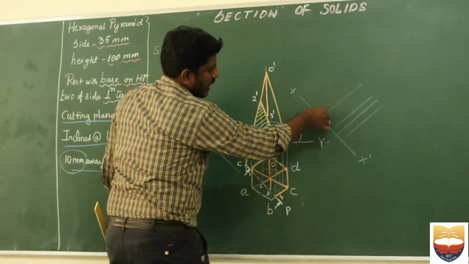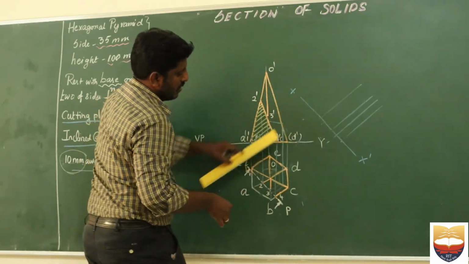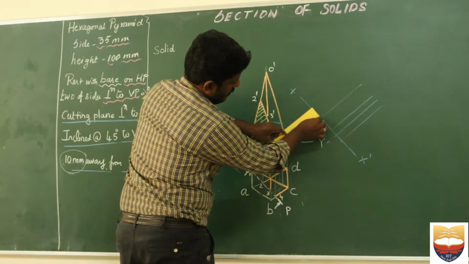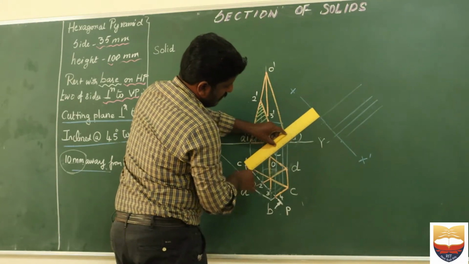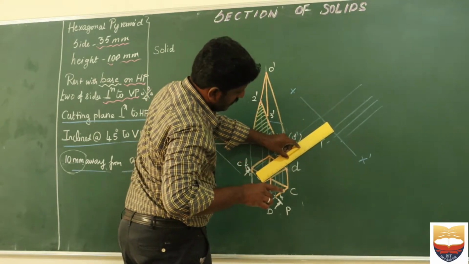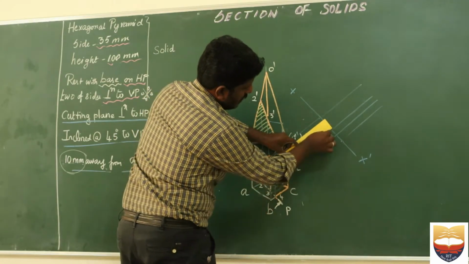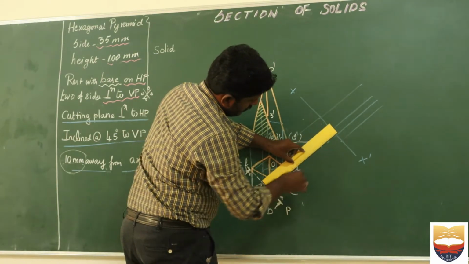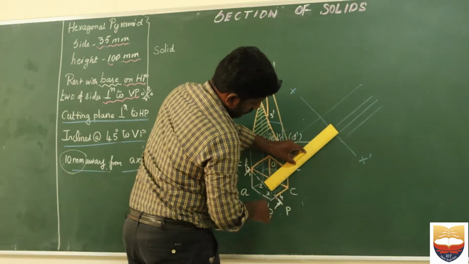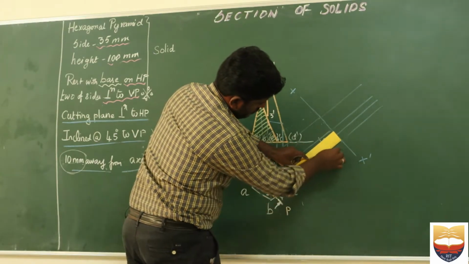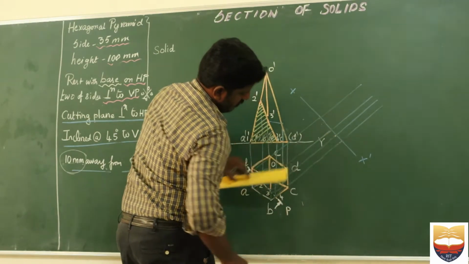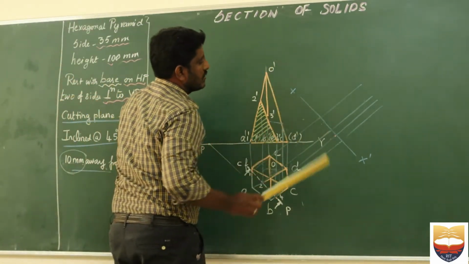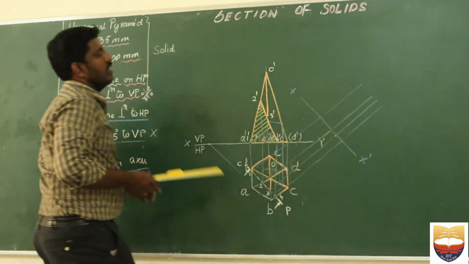Make sure your lines are from your cutting points. It is mandatory that they should be very thin and very light. Okay, so see here, now I have transferred all the points towards my auxiliary plane.